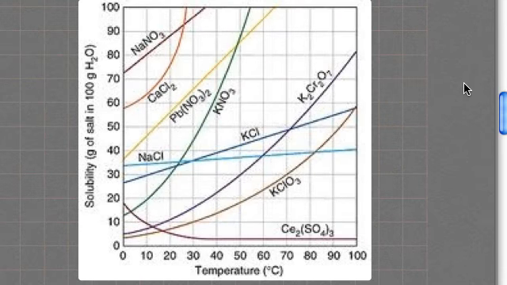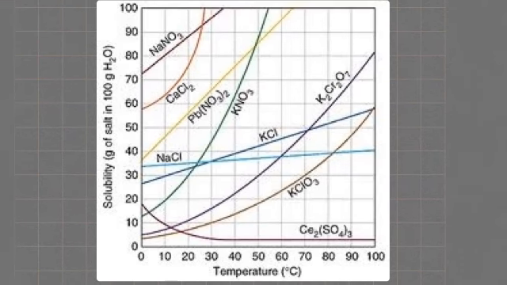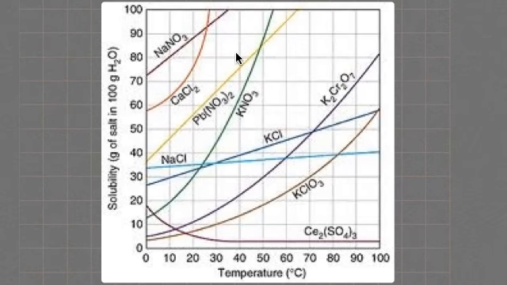If I look at any one particular solute, the solvent is water, solubility is in grams of salt in 100 grams of water. For some reason, almost always the solubility of particular compounds is described in grams per 100 grams of water.